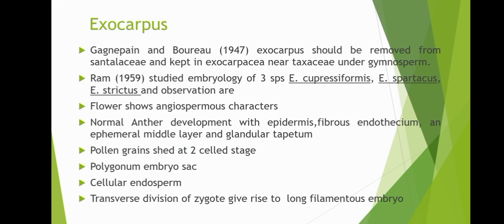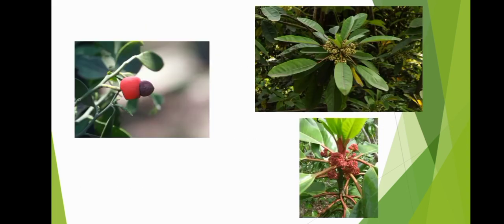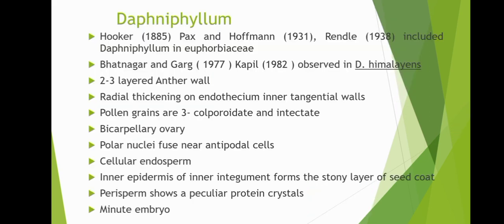Their pollen grains are shed at the two-celled stage, and a Polygonum embryo sac may be seen. Cellular endosperm and transverse division of the zygote give rise to a long filamentous embryo. This is Exocarpus, and later these two pictures are of Daphniphyllum.